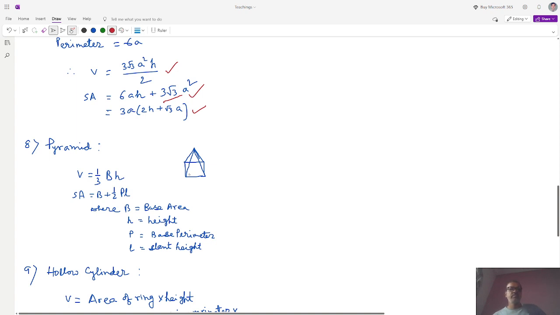The formula will be unchanged, only the base area will change according to the type of base. So already we have learned how to calculate the area of different types of polygon.